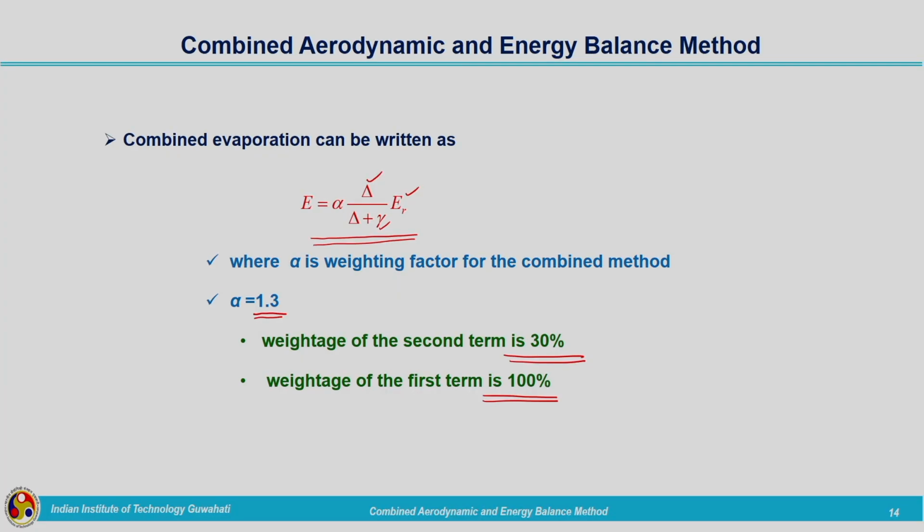The weightage given to evaporation due to net radiation is 100%, and we consider that only 30% of that is the contribution from evaporation due to the aerodynamic method. So, combined together, they have taken a factor alpha and put the combined equation as alpha multiplied by delta divided by (delta plus gamma) ER. So here ends this topic of the combined method of evaporation.